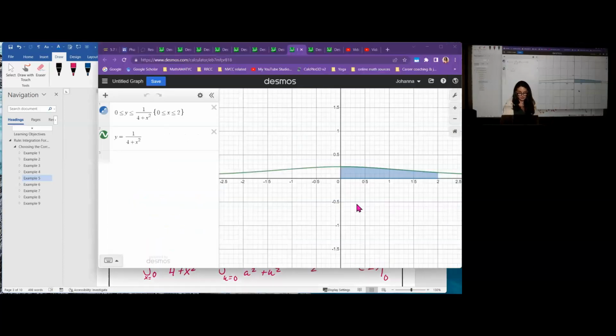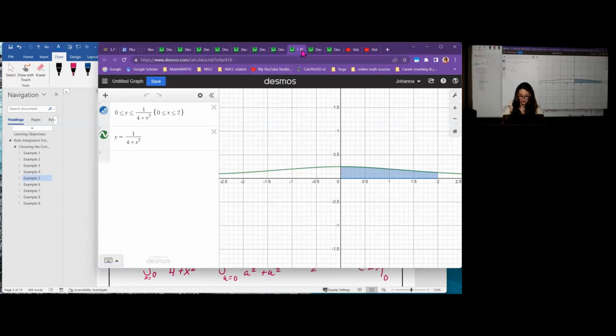The graph of that is right here. I've graphed the function over the real number line, but then I only shaded the region from 0 to 2, which is this positive area that you see here in blue. The amount of that area is exactly pi divided by 8 square units.